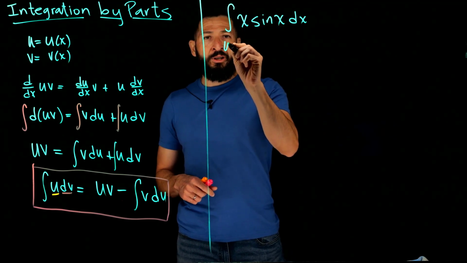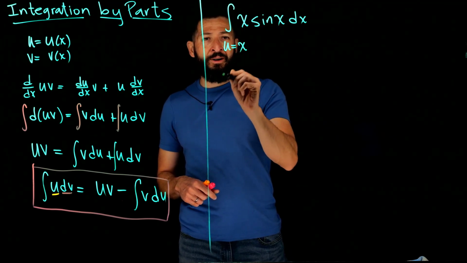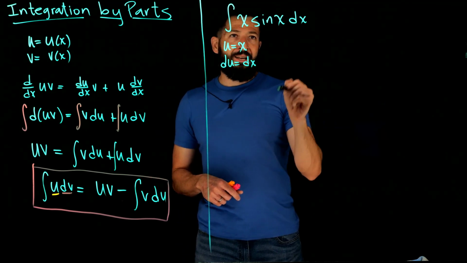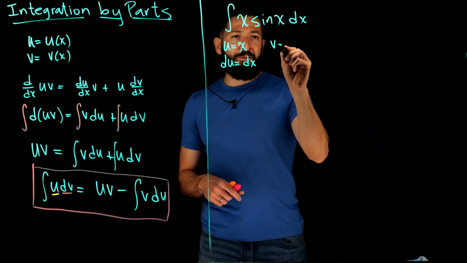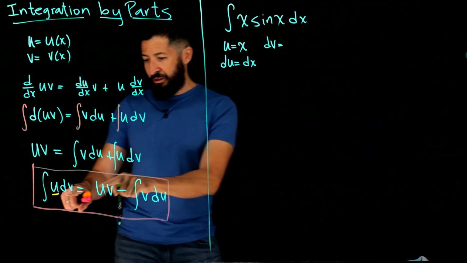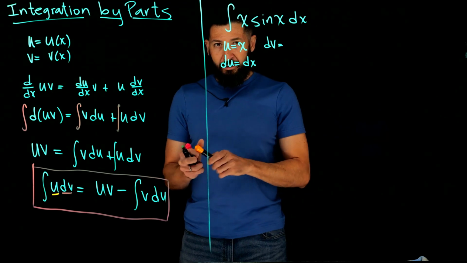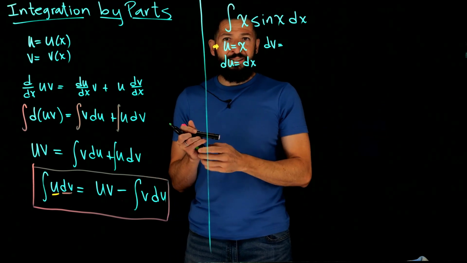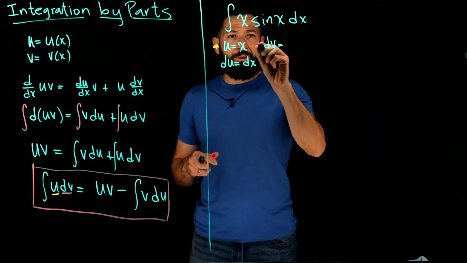Usually u is going to be the easiest to take the derivative of, so that's going to be your x. And then necessarily you have to pick dv, because you need something to be dv. So my u is this, and my dv is this one.